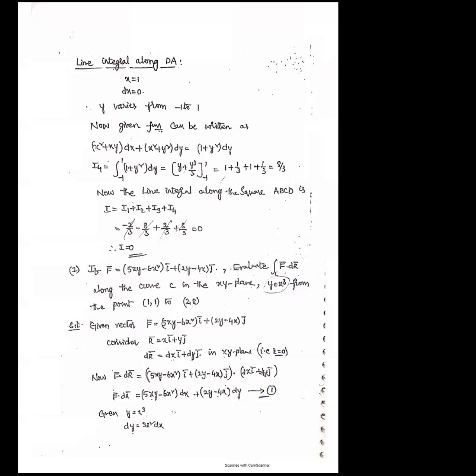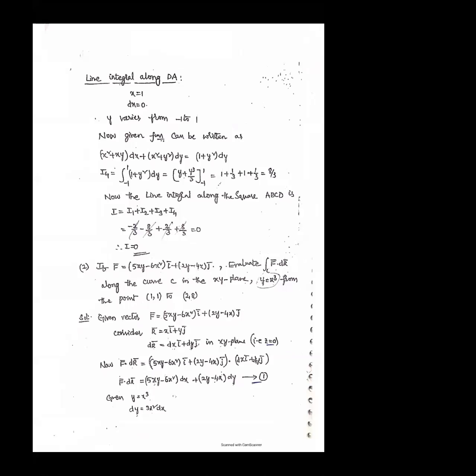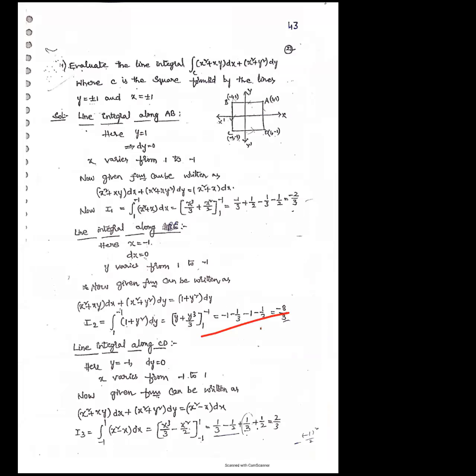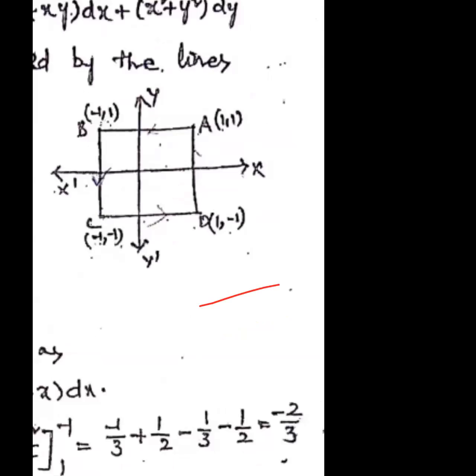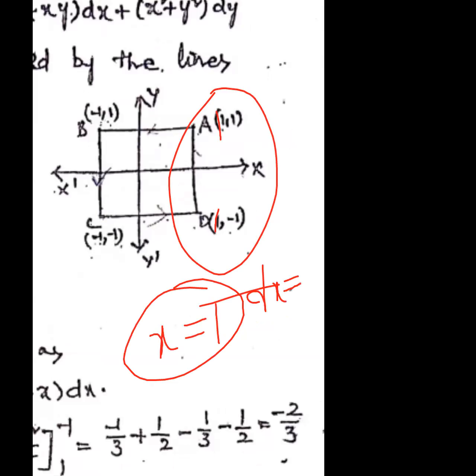Next, the last one, the line integral along DA. Observe the diagram. Here x equal to 1 at both points. So we fix x equal to 1, and applying the derivative, dx equal to 0. Here in the direction D to A, the limits of y are minus 1 to 1.